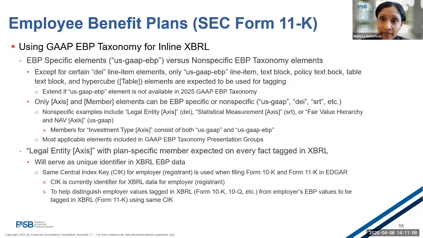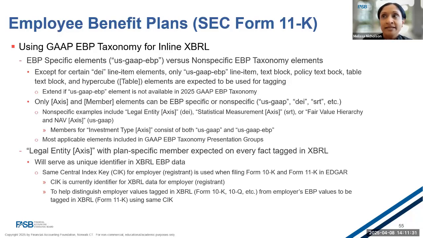Now, however, only for axis and member elements, those elements can be either EBP specific or they could be from another taxonomy. We have done our best to include the most applicable axis and member elements for tagging the information in an 11-K EBP disclosure.